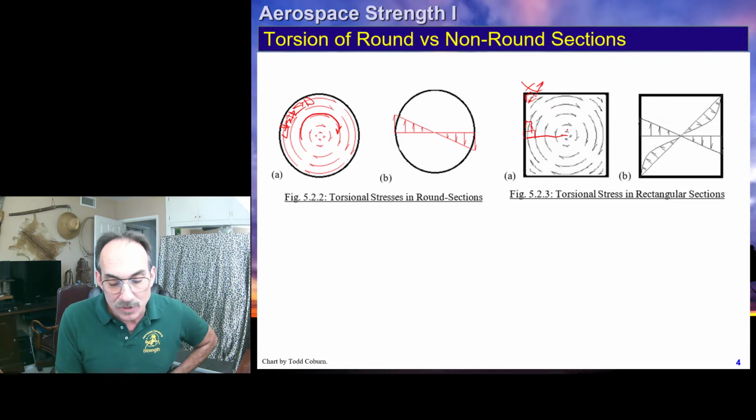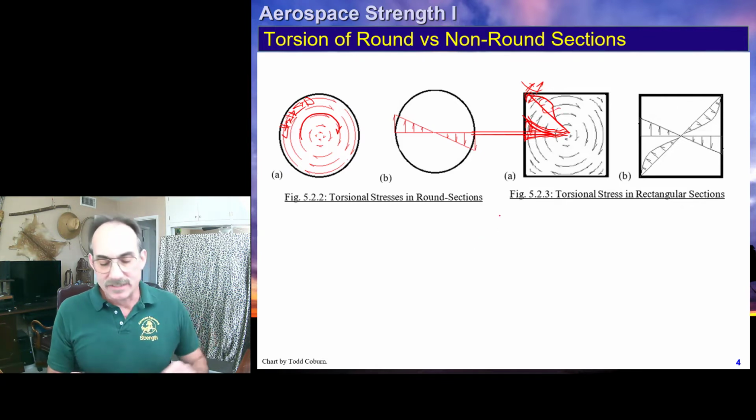What this ends up doing is making a nonlinear distribution of stress. The shear stress here can build up to some max value in something that is not linear anymore. But when we get out here, there has to be a zero shear stress, which means our shear stress, which was building up, now has to drop back off to zero.